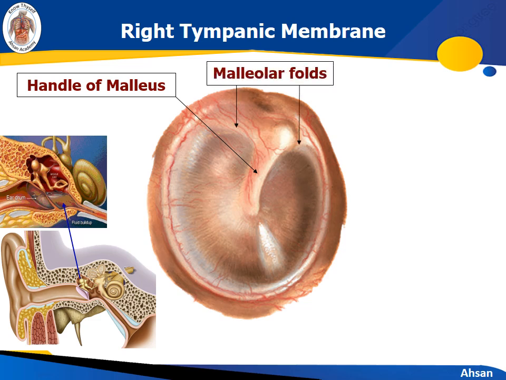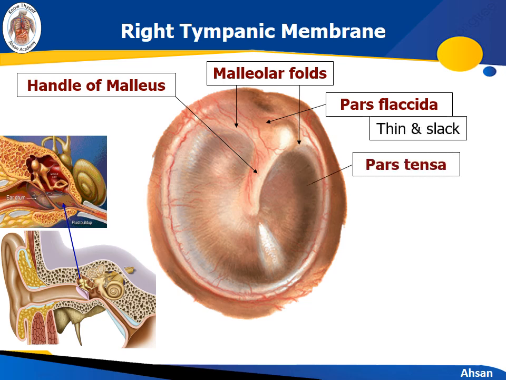These two membranous folds extend from the upper part of the handle of the malleus in either direction, and these are known as malleolar folds. The malleolar folds separate the upper part, a bit flaccid, known as pars flaccida, and the larger part, which is relatively thick and tense, known as pars tensa. So these two parts are separated by the anterior malleolar fold and posterior malleolar fold.